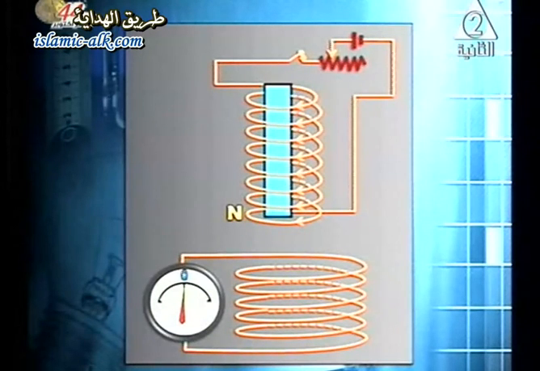And we've got a secondary circuit which consists of a coil of many turns, but wider coil, connected to a center zero galvanometer. We'll talk about the various methods to obtain induced current by mutual induction, okay? We'll take them one by one.